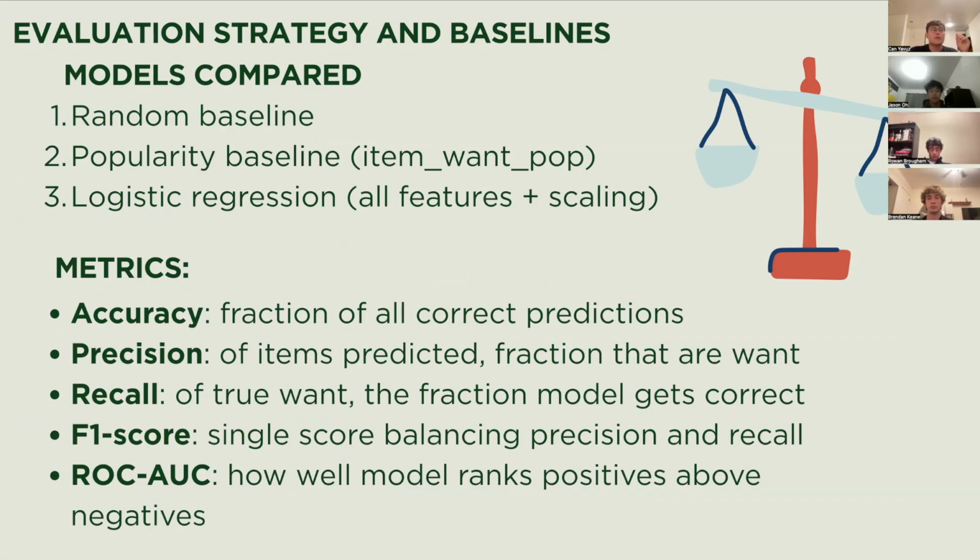We compare random, the item popularity, and logistic regression using accuracy, precision and recall, F1 score, which shows the balance between precision and recall, and ROC AUC, which measures ranking ability, which matters most in recommendation. By combining these, we gain a complete picture of the model's strengths and its weaknesses. So we can move forward.